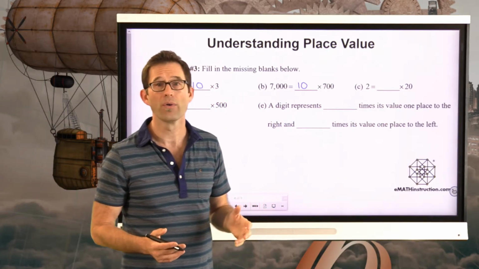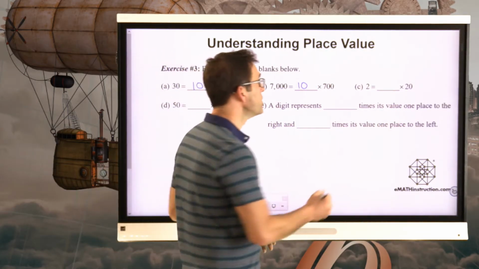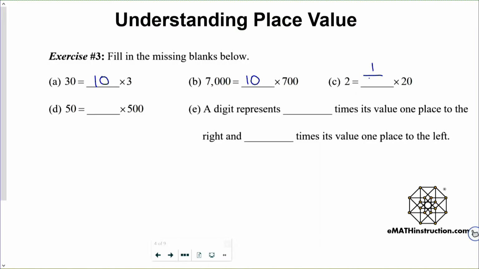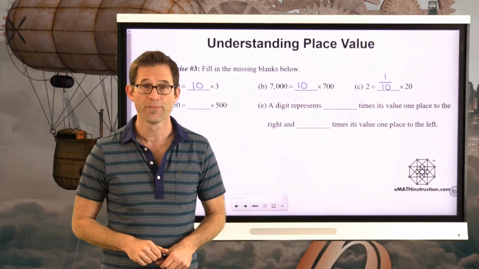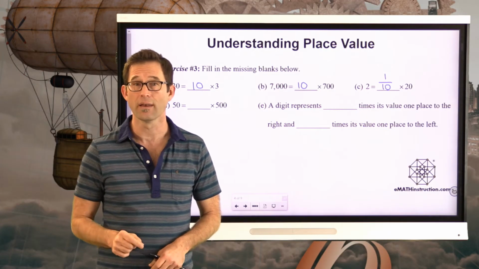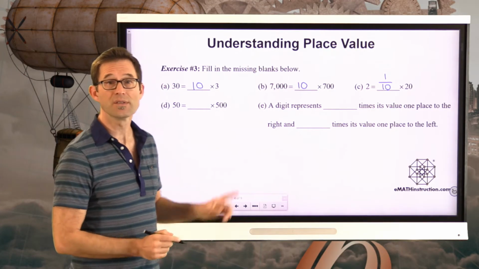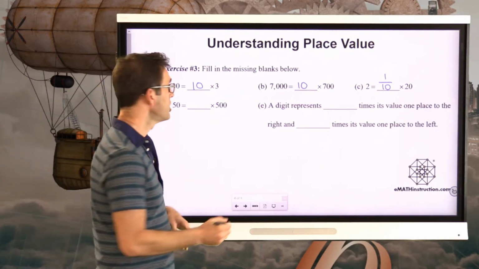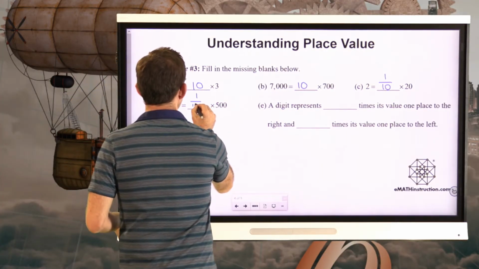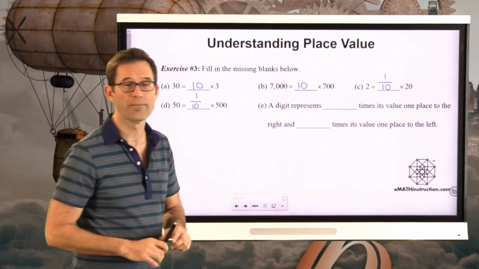Well, here it's not a whole number, right? But it is a fraction. 2 is equal to 1/10 times 20, right? Literally, 1/10 times 20 is the same as 20 divided by 10. So it's equal to 2. Same thing on letter D. 50 is equal to 1/10 times 500.